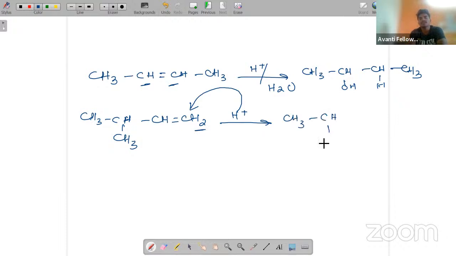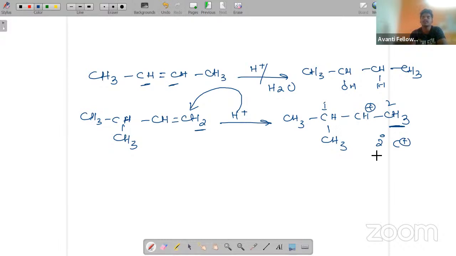CH3-CH-CH+-CH3. Now see, this carbocation is a secondary carbocation. How, sir? Number one, number two, this carbon is attached with two carbons, so that is why this is a secondary carbocation.